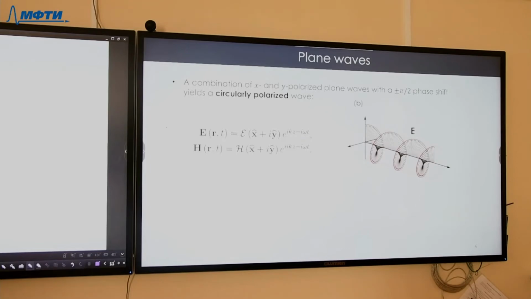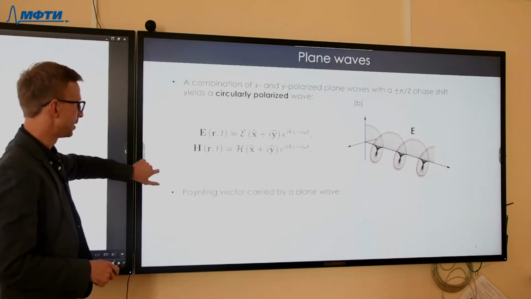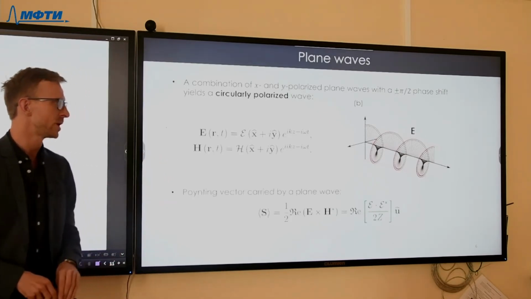Plane waves can also be elliptically polarized, which can be achieved by a linear superposition of two arbitrary linear polarizations with different complex amplitudes. Now we can calculate the Poynting vector carried by a plane wave.